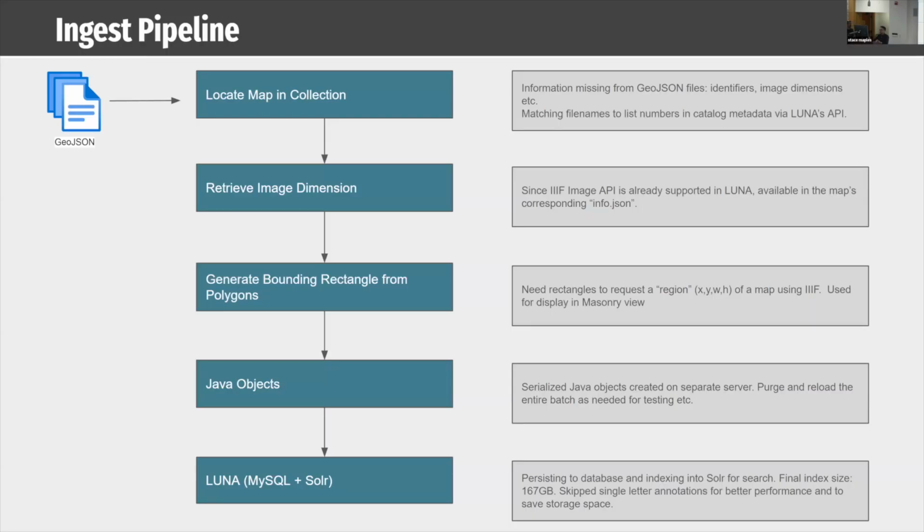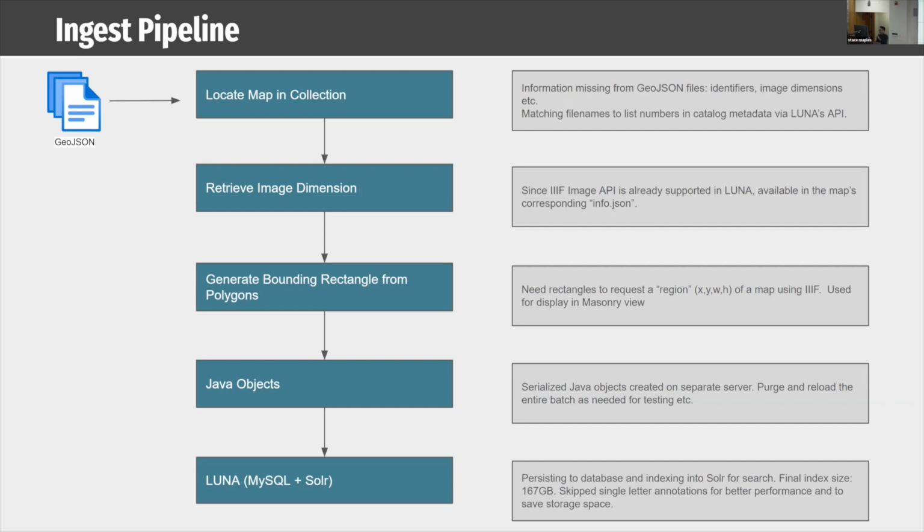First, I want to talk about the ingest pipeline on the Luna side. After receiving the 56,000 GeoJSON files from Map Creator, the information we needed to gather before we could import it into Luna were the identifiers and the image dimensions.